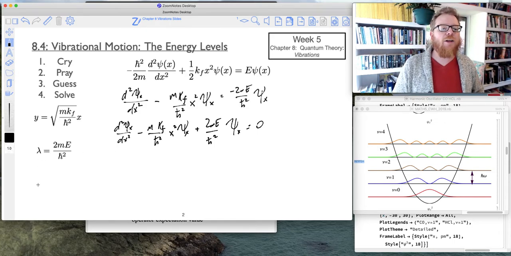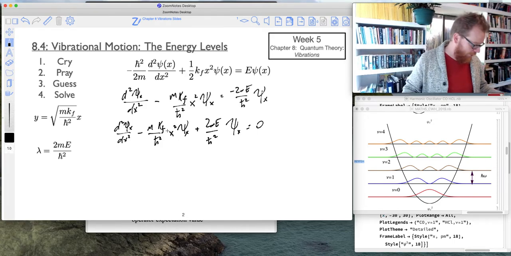You're also going to see a bit of convenience where we're going to call y equal to the square root of m times kf over h bar squared times x. The reason is that I got these constants right here, m kf over h bar squared times x squared. If we use this simple notation, I can replace all of this with just y squared.